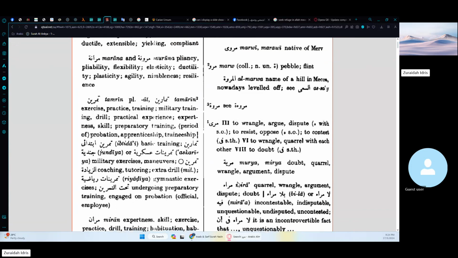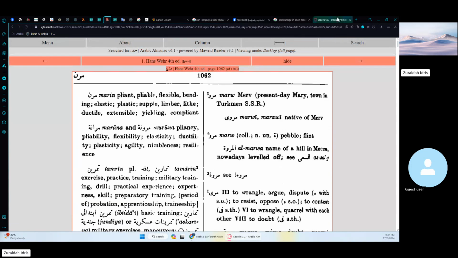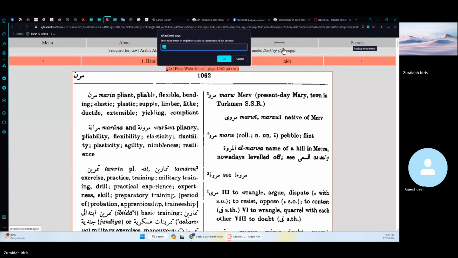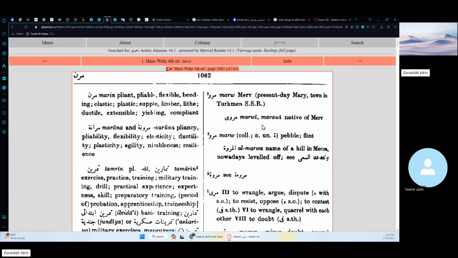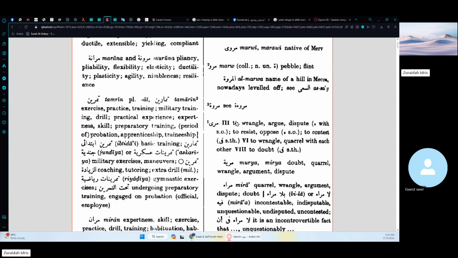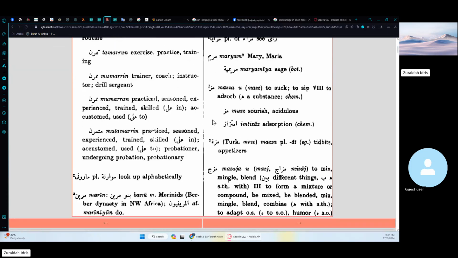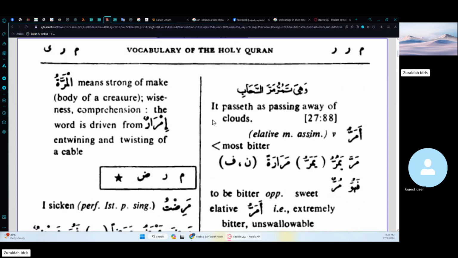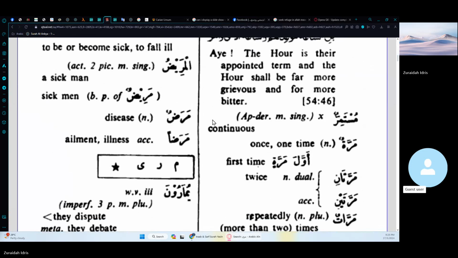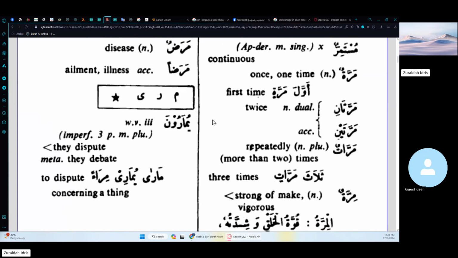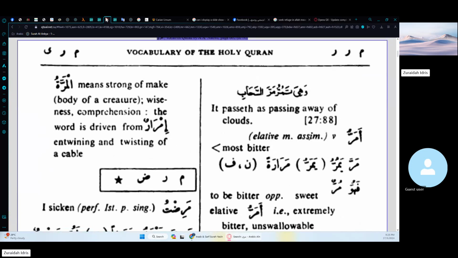No, it doesn't seem to be that. Let's try imra'ah, that's right? Imra'ah. Am I looking at this correctly? It's on the same page, so it must be here somewhere. Let's see whether it's here. Mara. Oh, wow.